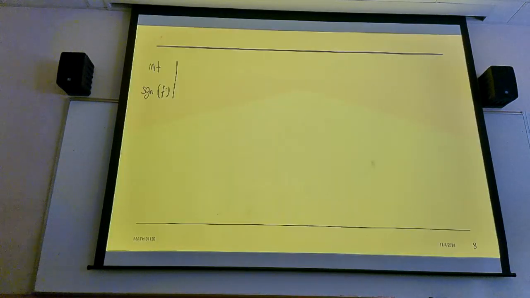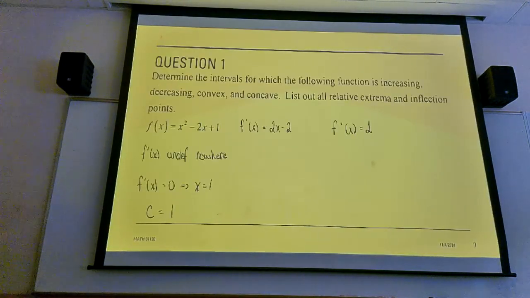So now set up the test intervals. Right, because what we're doing is we're essentially solving an inequality. We're solving two inequalities, actually. We're solving when f prime is less than 0, when f prime is greater than 0.